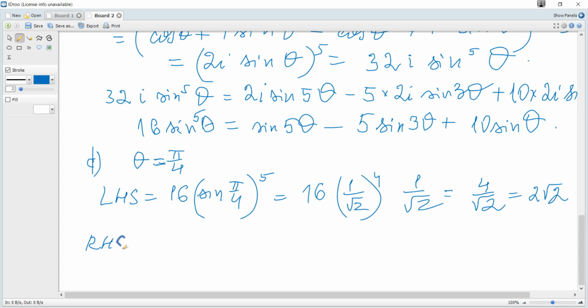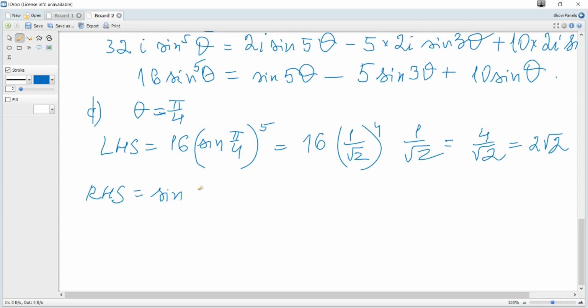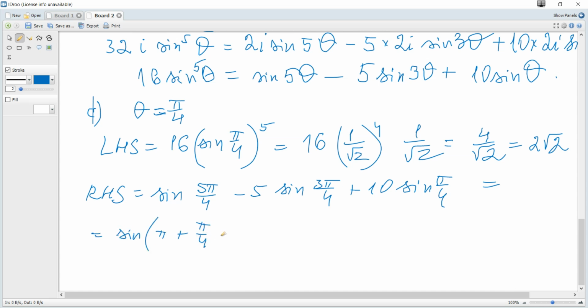And the right hand side is sine of 5 pi over 4 minus 5 sine of 3 pi over 4 plus 10 sine of pi over 4, and sine of pi plus pi over 4 minus 5 sine of pi minus pi over 4 plus 10 sine of pi over 4.